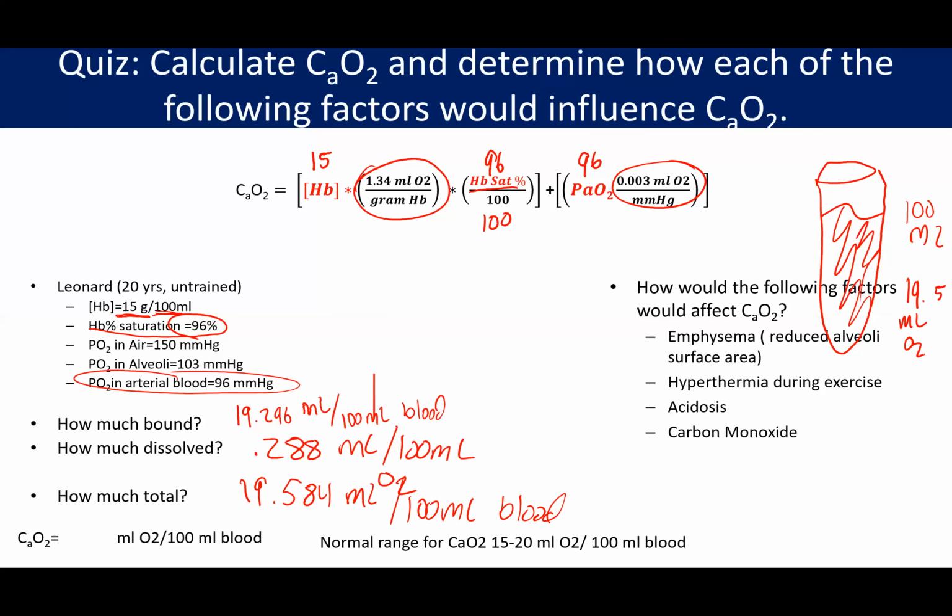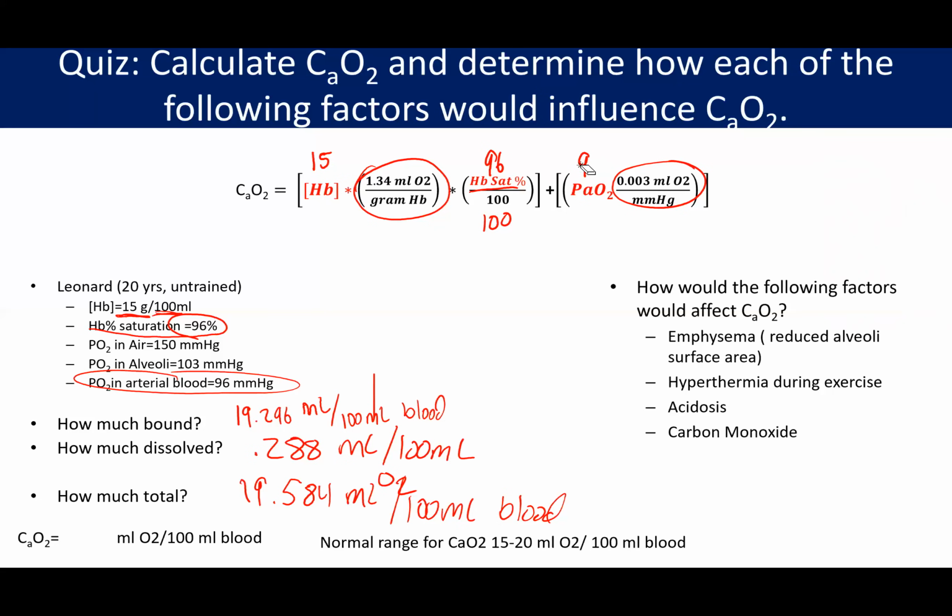All right, so you should know this formula, memorize it, and understand how to calculate CaO2, know what factors will affect it. So how would the following factors affect CaO2? That's what we got going on the right side of the screen. So CaO2, how would it be affected by emphysema? In emphysema, you have less alveoli, so it's going to make diffusion hard. Oxygen won't diffuse as well, so you have a lower pressure of oxygen in the blood.